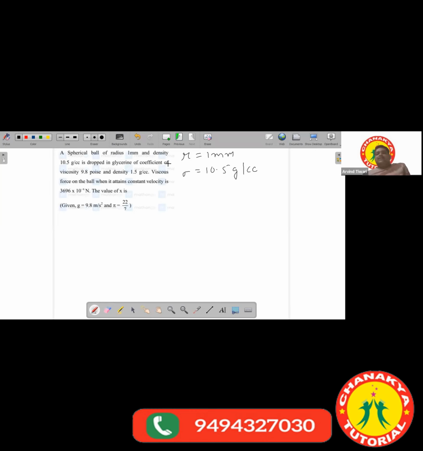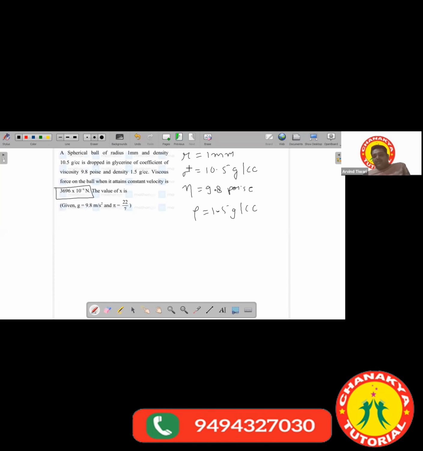It is dropped in glycerin of coefficient of viscosity, so eta is given as 9.8 poise, and the density of glycerin is given as 1.5 gram per centimeter cube. The viscous force on the ball when it attains a constant velocity is, so they have given a value of the viscous force, the backward dragging force. Now I want to find just this value x.